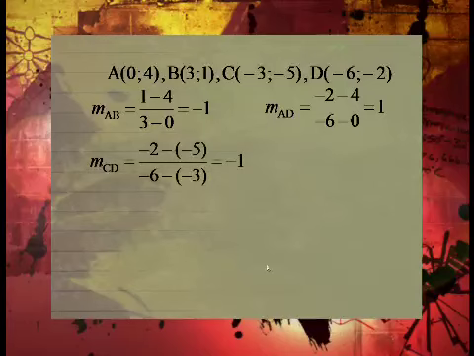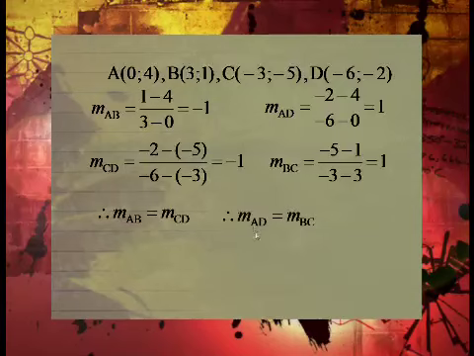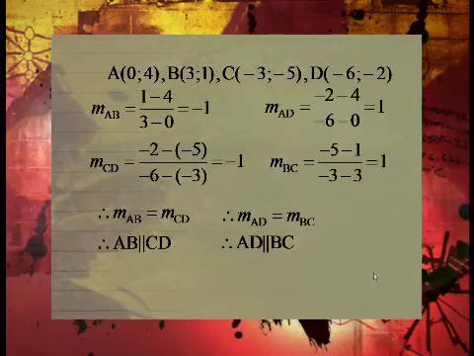The gradient of CD, you can work it out as minus 1, and the gradient of BC is going to be 1. Now, what do we do with that? The gradient of AB is equal to the gradient of CD, and the gradient of AD is equal to the gradient of BC. So AB is parallel to CD, and AD is parallel to BC.